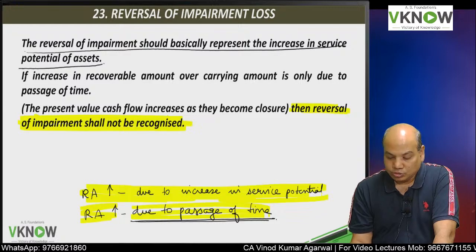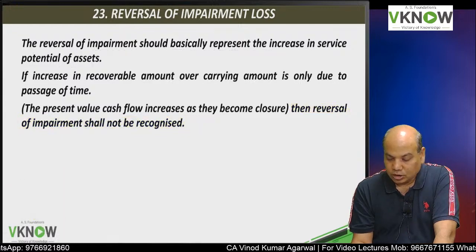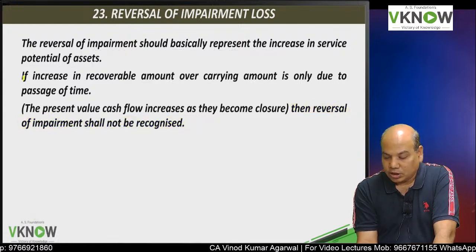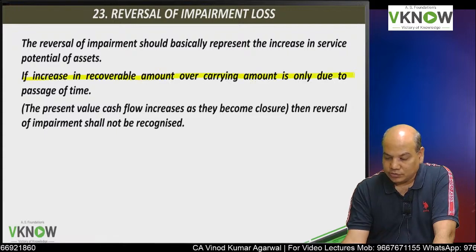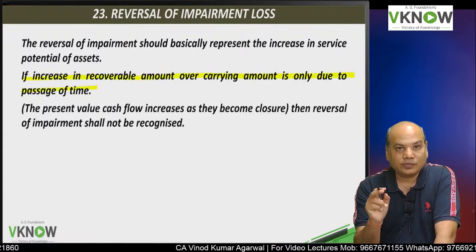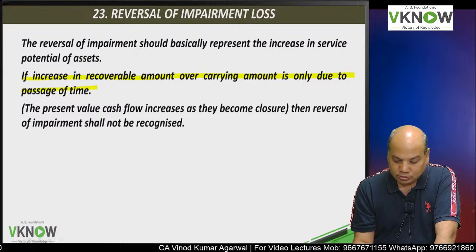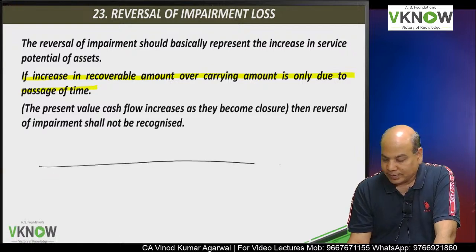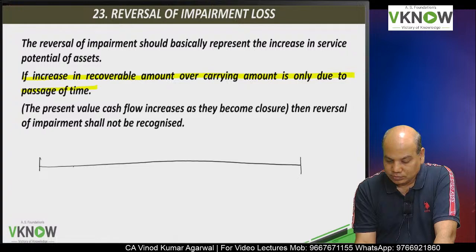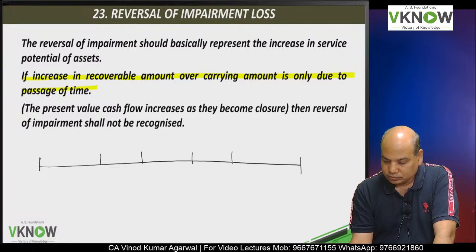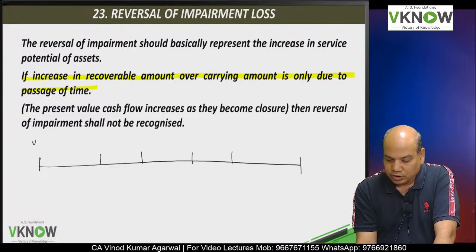Underline. Now your question would be, how does recoverable amount increase due to passage of time? Very good question. So I am going to explain and all of you will pay attention. We are in year 0, suppose.